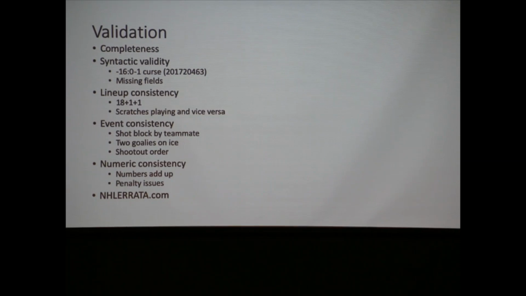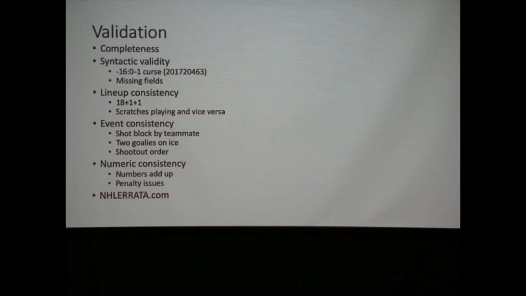If you take some data from 15, 20 years ago, you'll get flips all the time. Event consistency: you can sometimes see a shot blocked by a teammate. You can see 2 goalies on ice at the same time for the same team. Sometimes the shootout order is messed up, and you can see 2 players from the same team recorded consecutively.